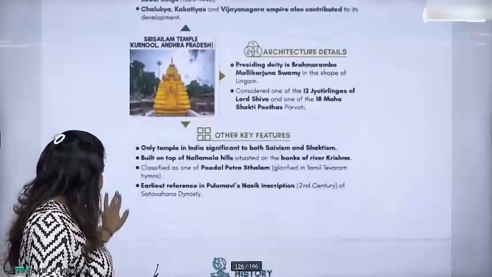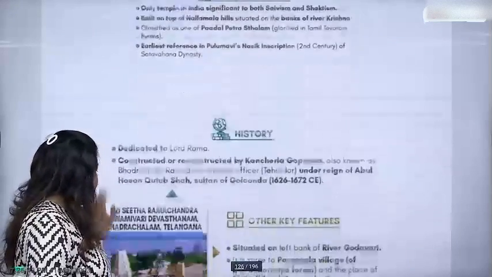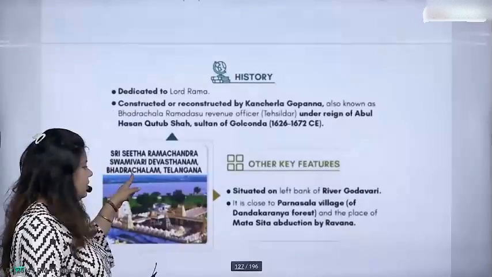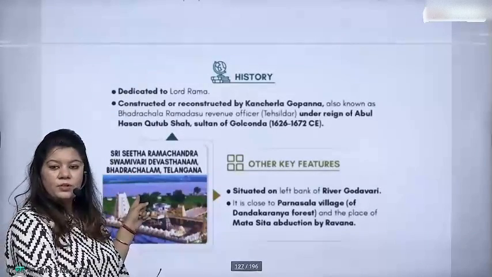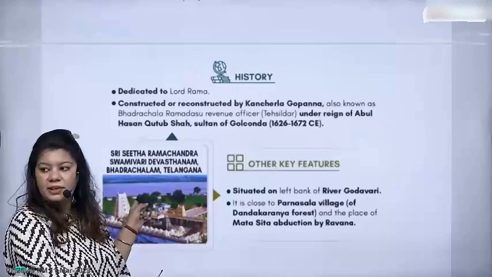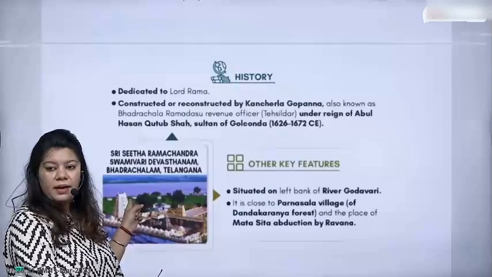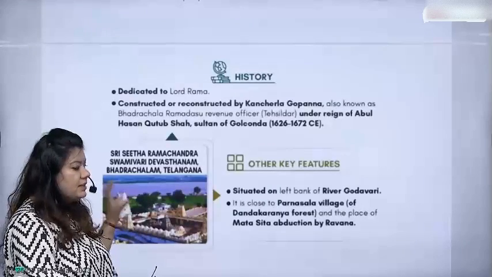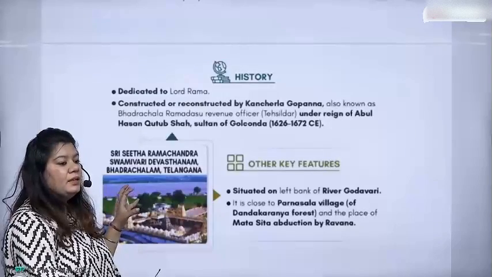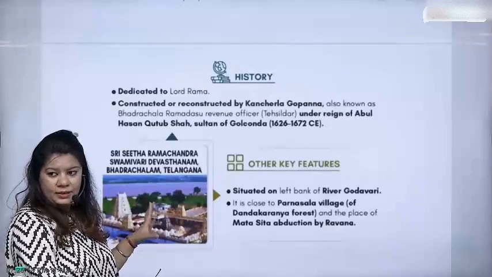I just want to bring to your notice this place, Bhadrachalam. You remember there was a question on Sari where Bhadrachalam was given, right? So that means this site has a significance in the eyes of UPSC.